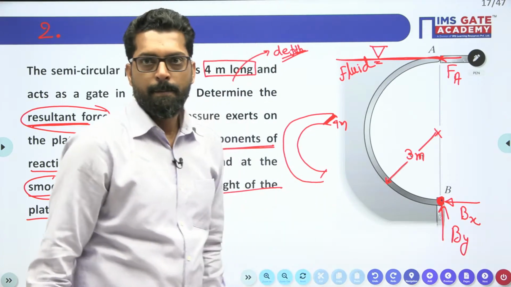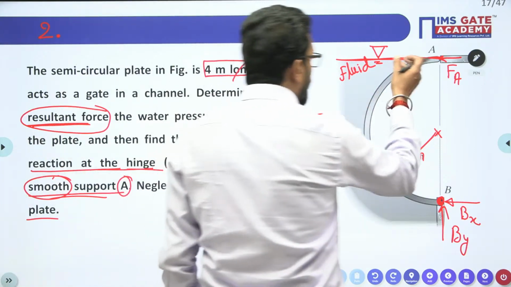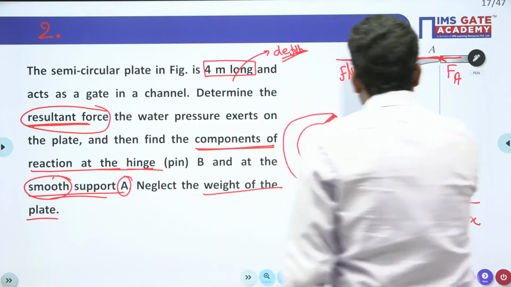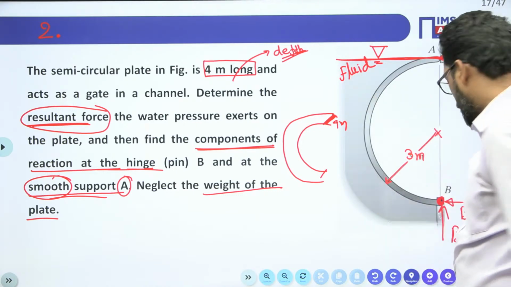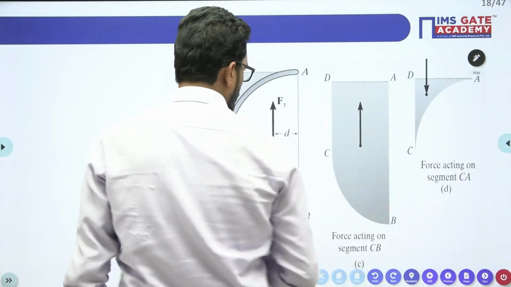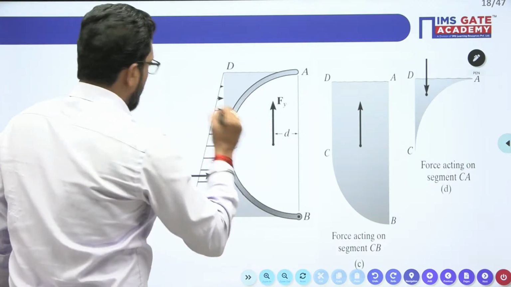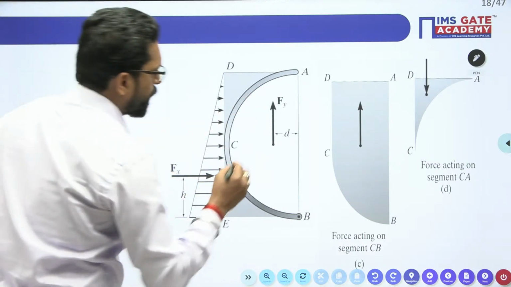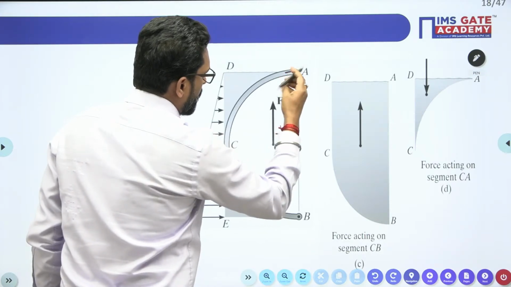First, what is the pressure variation? The fluid is outside the curved surface, not inside it. So this is our diagram. Very important. This is our curved surface.